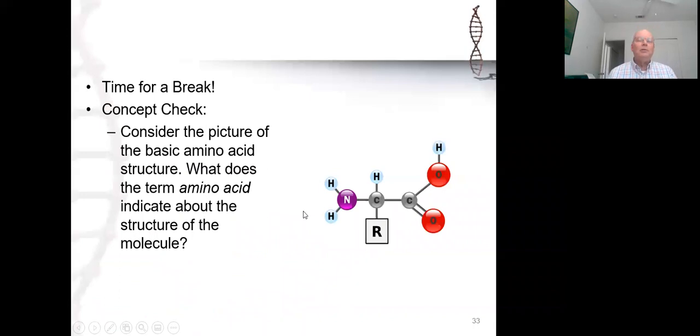So one final concept, to close out the chapter, just to make you think a little bit about functional groups again. In this picture, we've got a picture of an amino acid. What does the term amino acid indicate about the structure of the molecule?